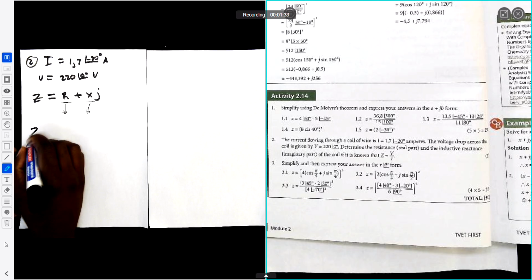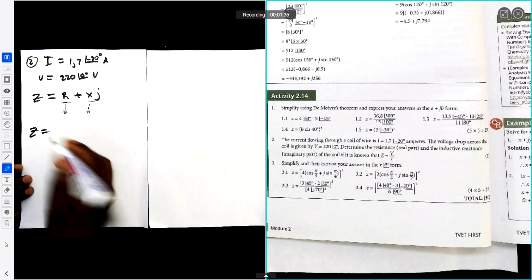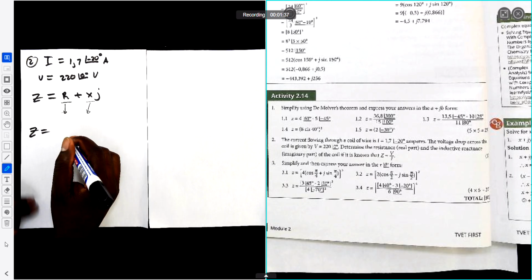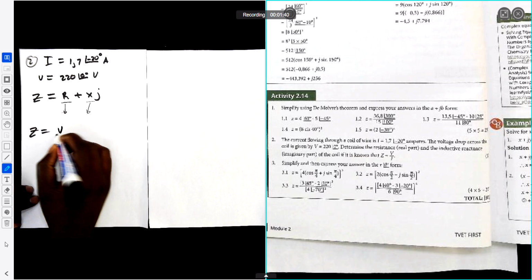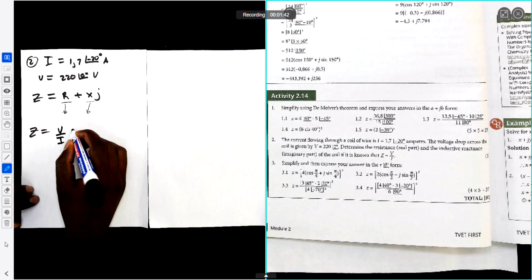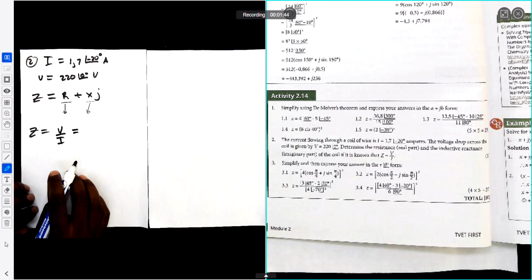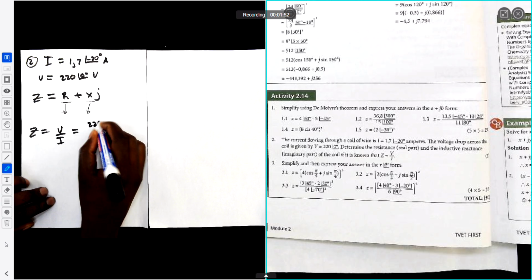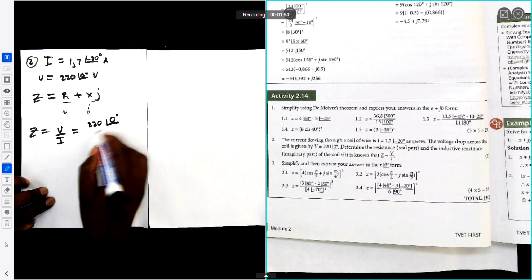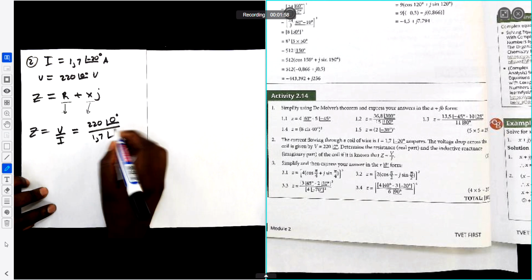So let's determine our Z. It didn't specify which method we have to use, so let's use the Moivre's theorem of division. So Z, where we have V over I, gives us the impedance. The V is 220 at angle 0 degrees, all divided by 1.7 at angle minus 20 degrees.